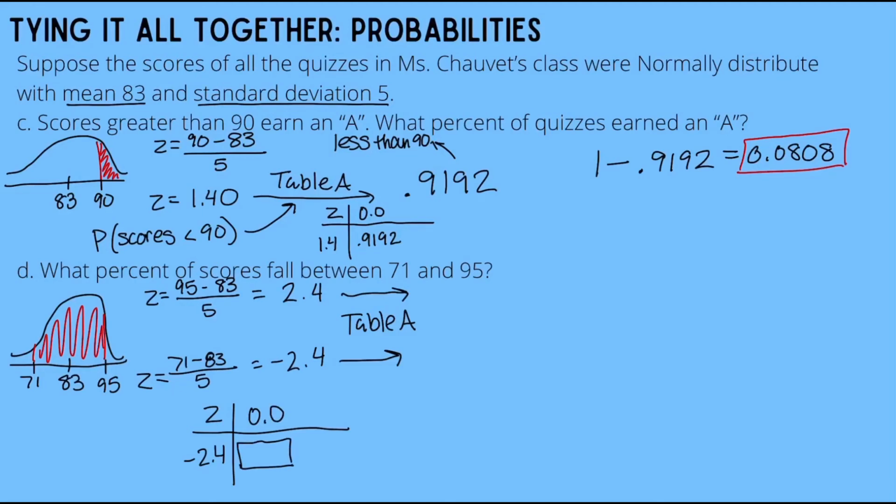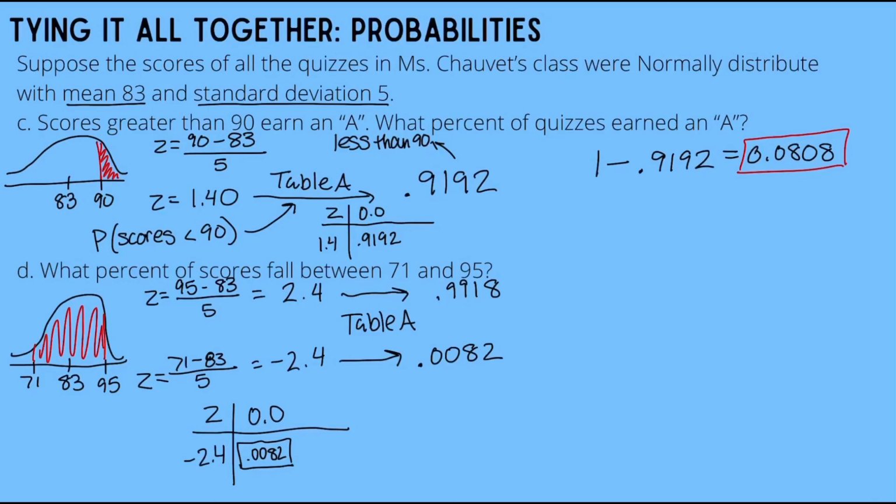And the cell that matches up with that, so remember you want to match up row and column together. So that particular z-score should get us 0.0082. And if we do the same thing for a positive 2.4, we will get 0.9918. And since we want to consider just the area between these two, we can take out everything less than 71.